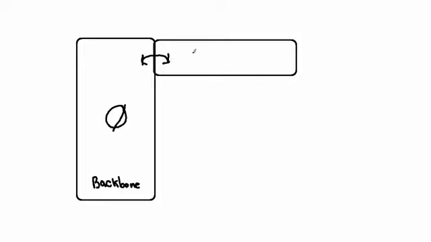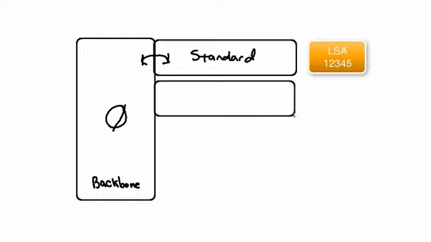And they share their routes, but they also learn all the routes from other areas through the backbone. And this is just fine if routers are high powered enough to store every route, but also to run these complex SPF calculations. But just know that standard areas contain LSAs of type 1, 2, 3, 4, and 5.